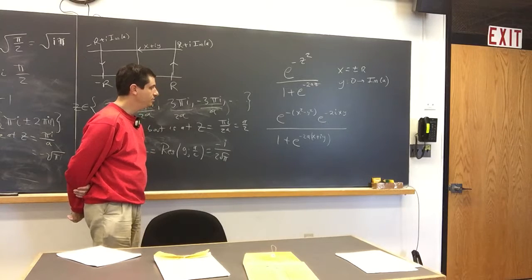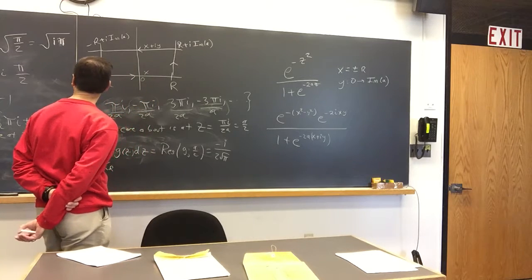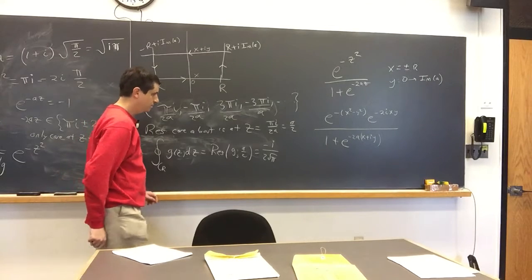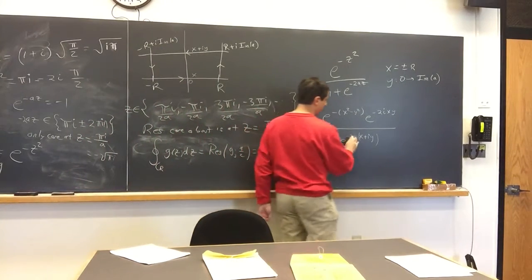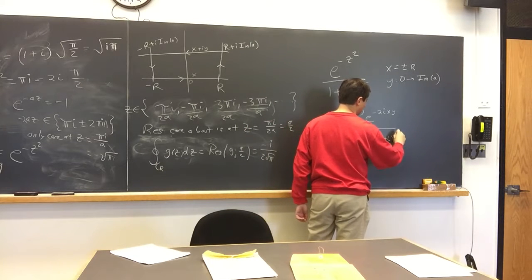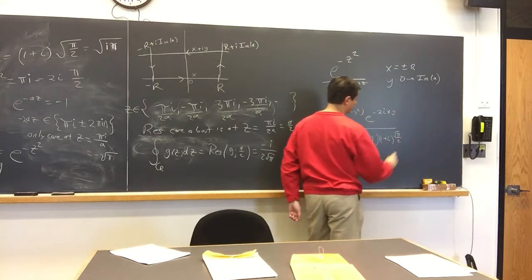We have to be a little bit careful because a itself is 1 plus i times the square root of pi over 2. So I can replace a with 1 plus i square root of pi over 2.